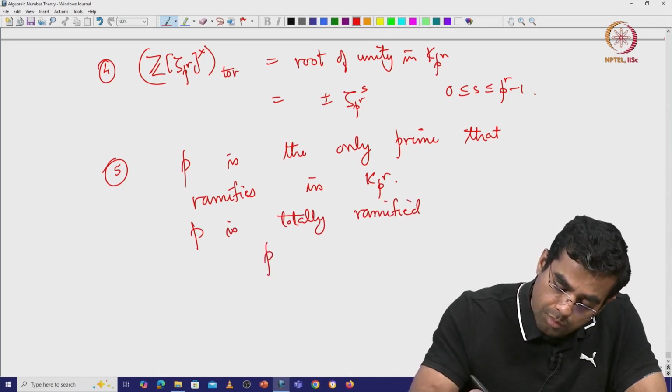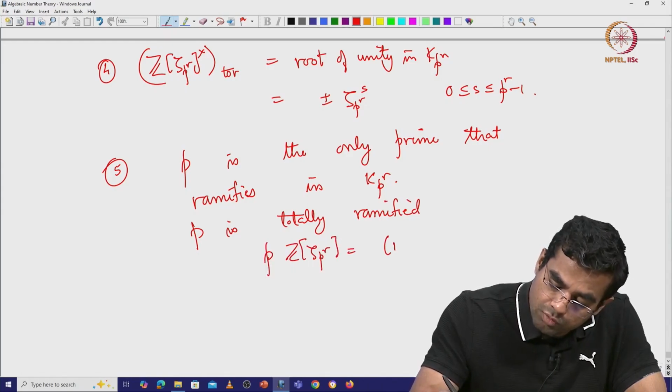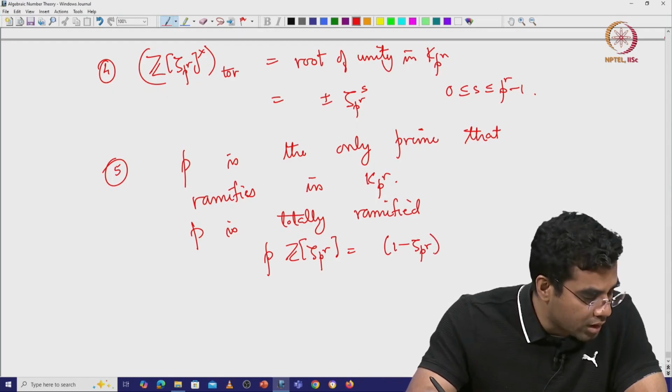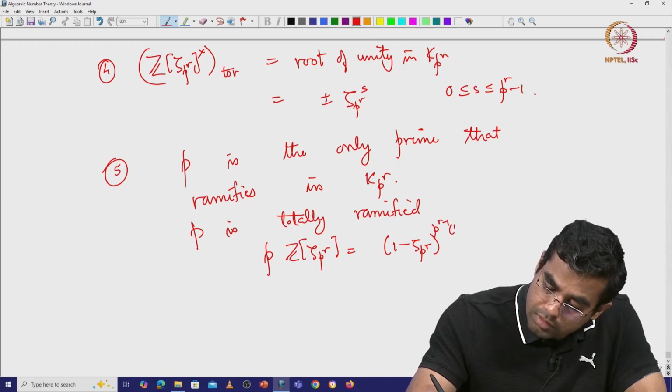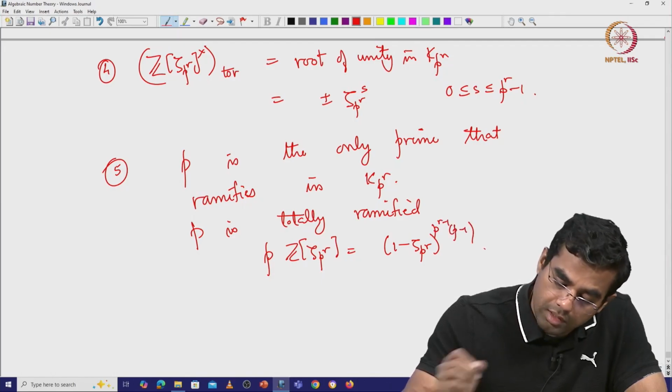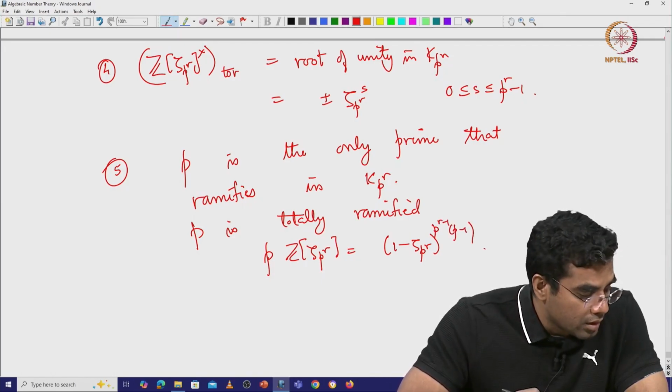If you take p Z[zeta_{p^r}], then this is (1 minus zeta_{p^r}) to the power the degree, and the degree, remember, was this, p^{r-1}(p-1).